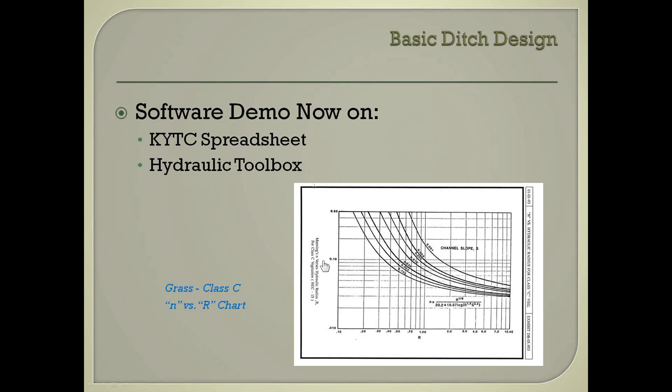This is a chart from the old manual with the same equations, and it can be used manually with Manning's equation in another software approach to arrive at the appropriate n value for design. After going through all that complexity in the previous slide, it kind of simplifies the question. It's really not that complex of an issue. It can be very simply done.